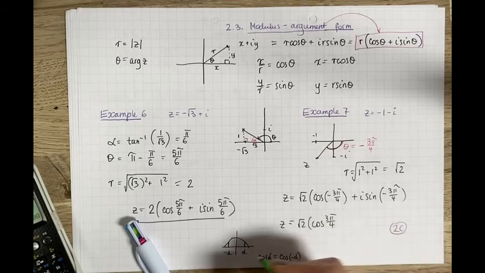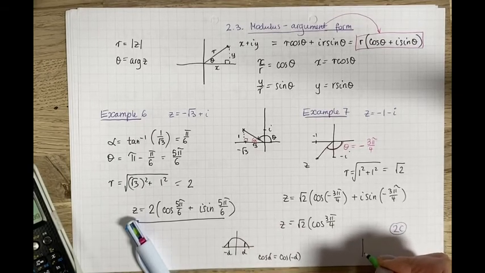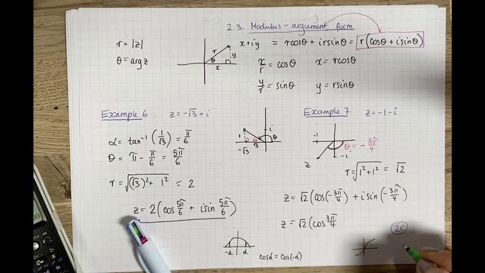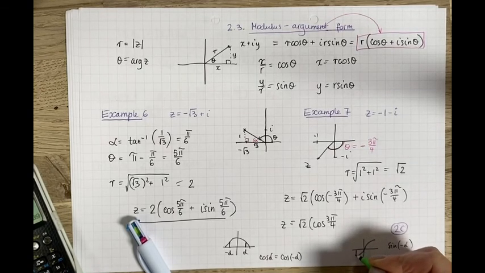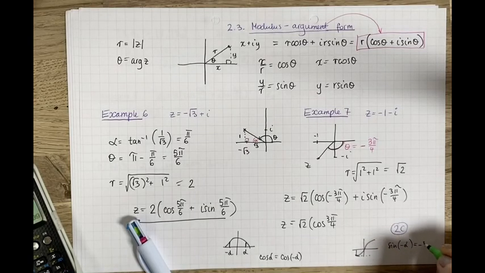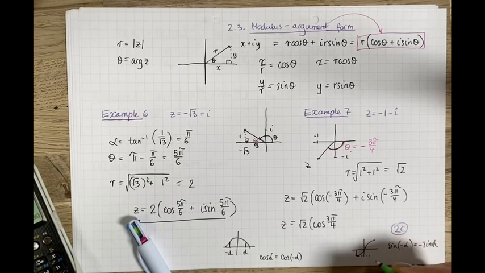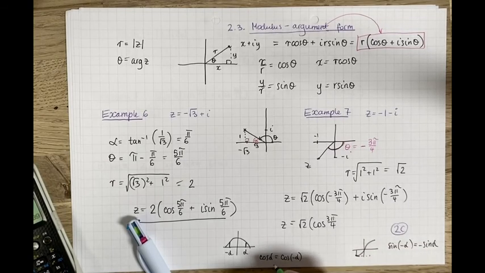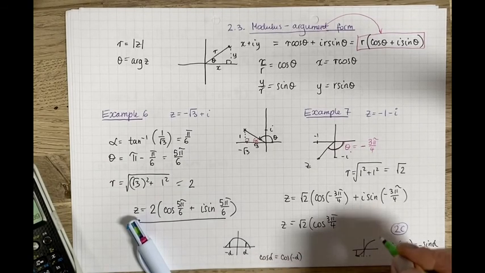But then for sine, minus alpha is going to be the same as sine alpha, but minus of that, because sine is an odd function, while cos is an even function.